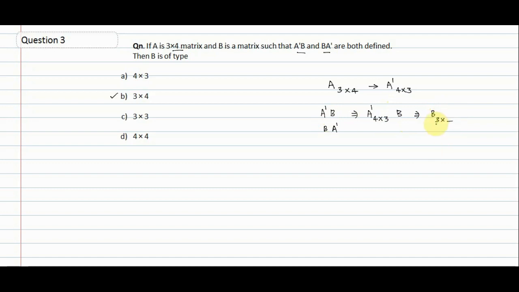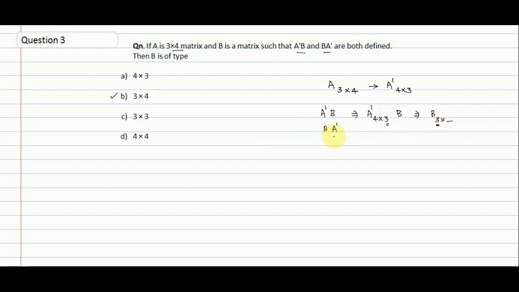From this hint we can say that the number of rows of B will be equal to 3, because A dash into B is possible if and only if the number of columns of A becomes equal to number of rows of B. Therefore number of rows of B will be equal to 3.